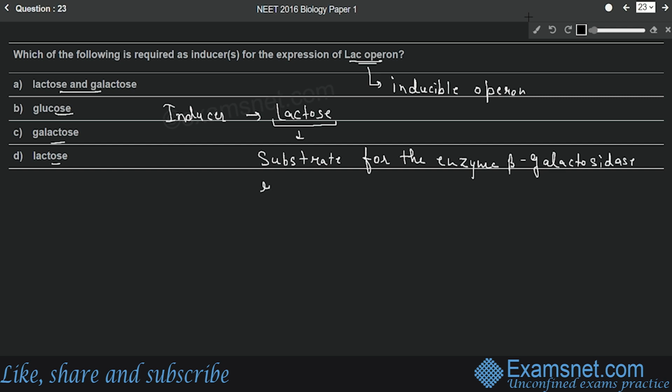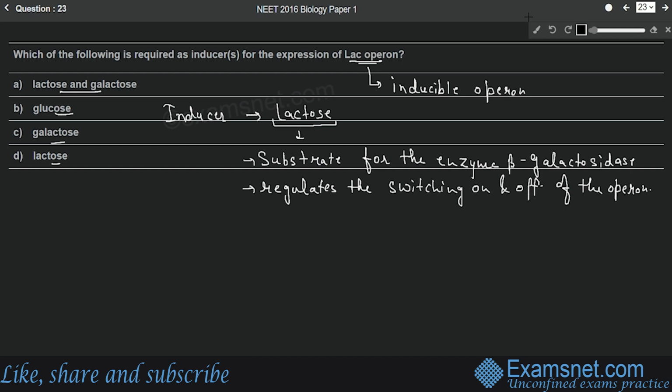And it regulates the switching on and off of the operon. Therefore, it is termed as inducer.